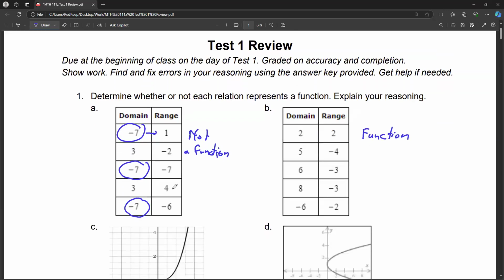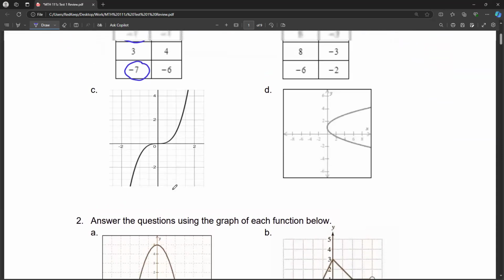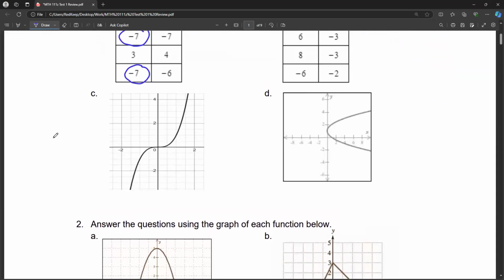All right, so now moving on to part C and part D, we have some graphs, some visual representations of relations. And so we can apply the vertical line test to these to check to see if they are indeed functions. So anywhere I draw a vertical line on these relations, the vertical line shouldn't intersect the graph more than once.